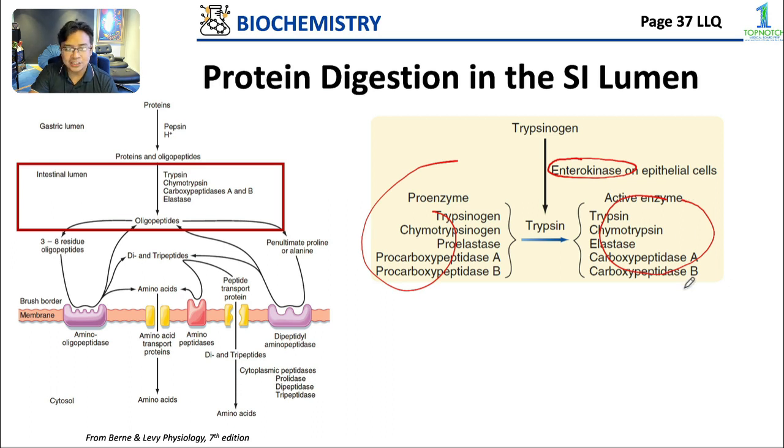Now, enterokinase will allow the conversion of trypsinogen into trypsin. Then trypsin will be responsible for converting these proenzymes into their active enzymes and also other trypsinogen molecules, becoming further trypsin, the active form.